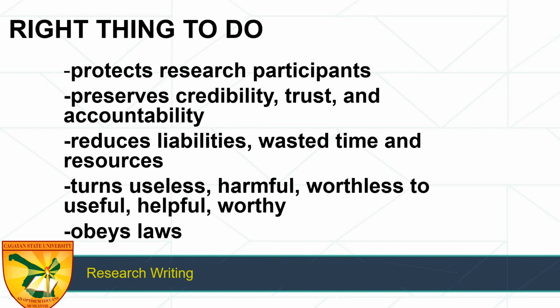And does it obey the law? So this provides advocates for research participants. The rights, safety, and well-being of your research participants are the most important considerations and should prevail over your interest or over your research questions and study itself.